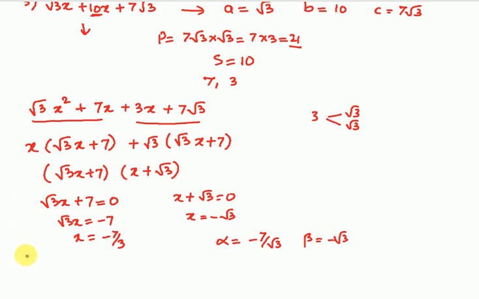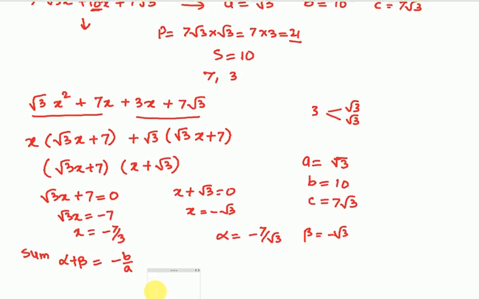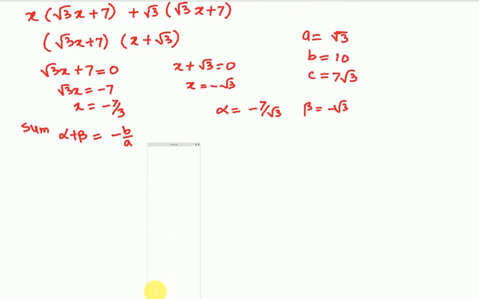So the sum of the zeros, alpha plus beta, is equal to minus b by a. A value is root 3, b is equal to 10, c is equal to 7 root 3. So verify, alpha value is minus 7 by root 3 plus minus root 3.